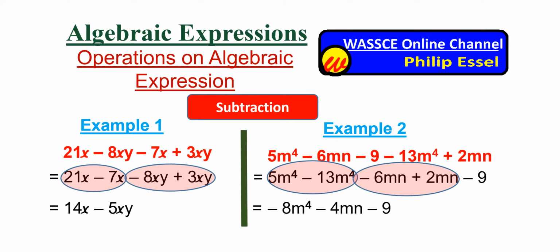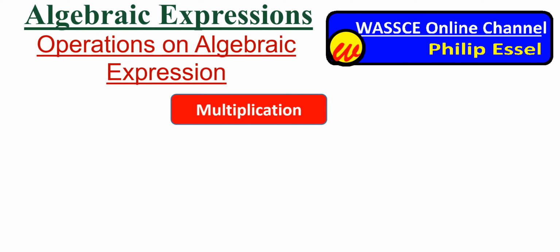Let's move on to multiplication. So we are on multiplication, but before we look at some examples, let's look at a few things. Let's assume that we've been given the variable y exponent 4 multiplied by the variable y exponent 2.